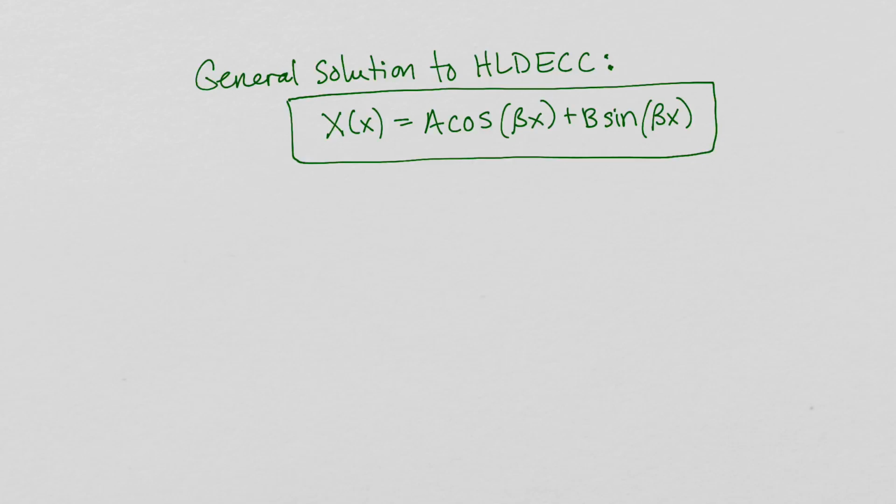Okay, so now starting with our general solution to the HLD-ECC, our next step is to apply the boundary conditions for our particular system. So remember our picture that we started with of our string between 2 points. So we know something about our boundaries.